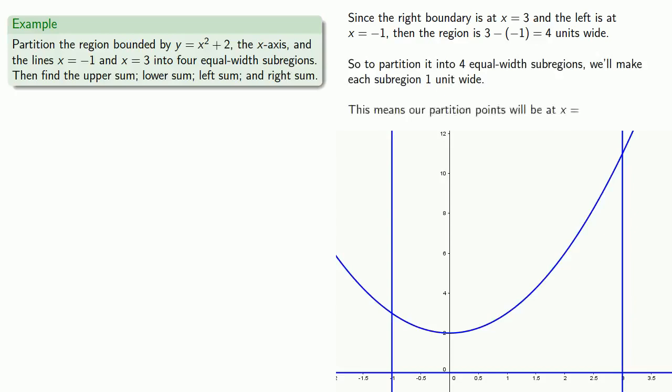And this means that our partition points are going to be located at x equals -1, that's the start of the region, 0, 1, 2, and 3.